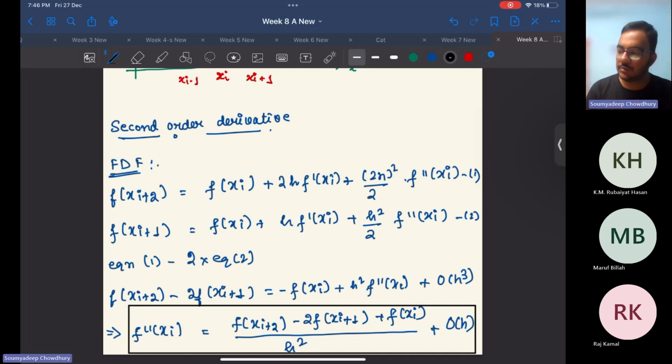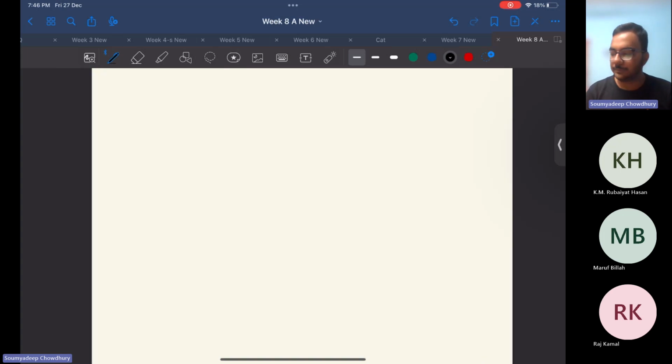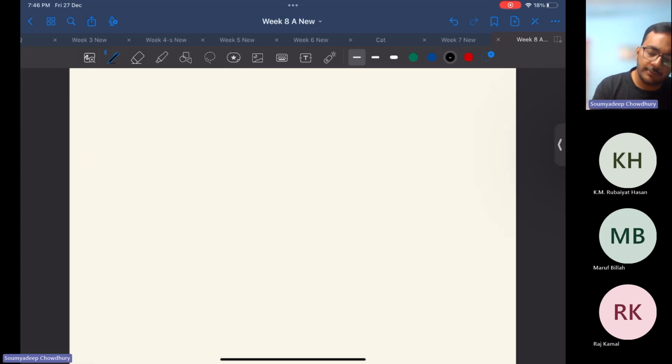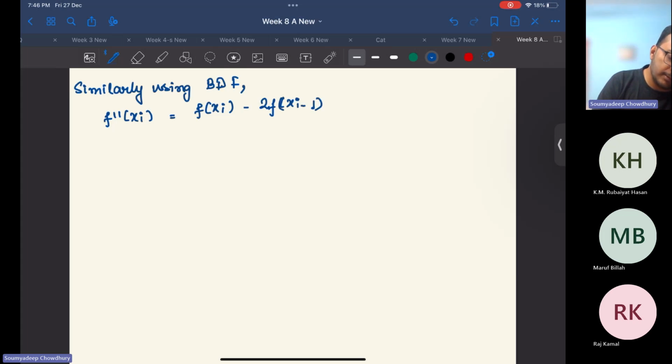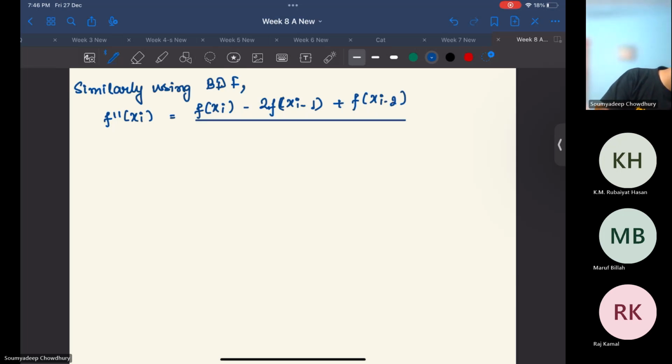Similarly, if we use the backward difference, f double dash xi will be given by f of xi minus 2f of xi minus 1 plus f of xi minus 2 upon h square.